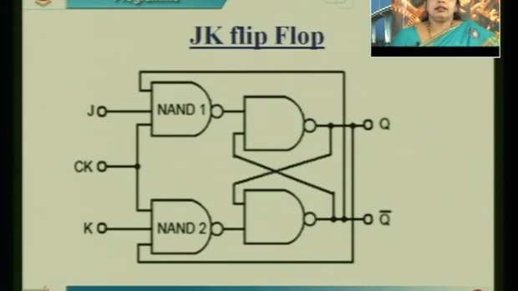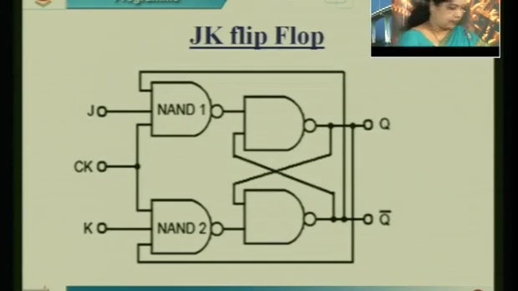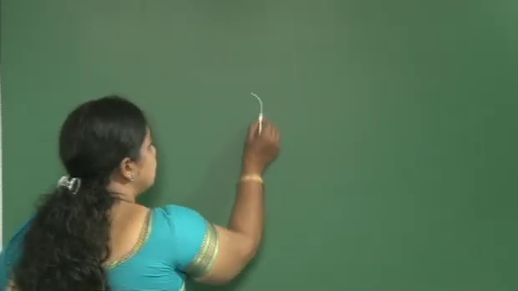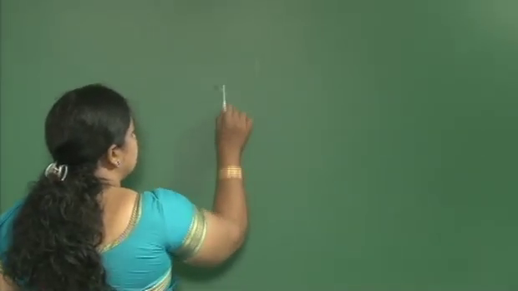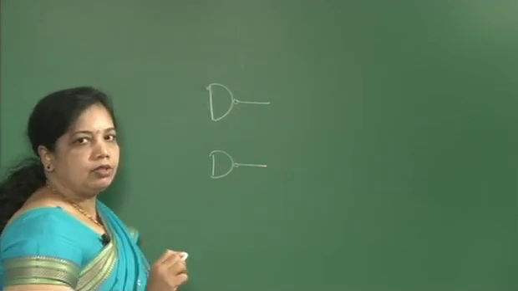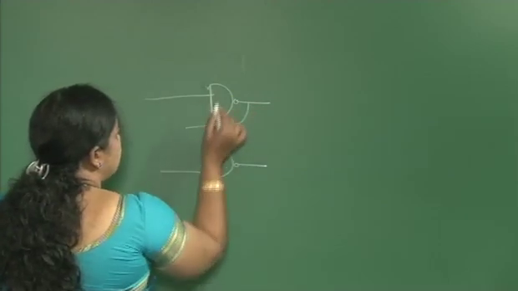So now let us discuss what is JK flip flop and how it is designed and how it operates. JK flip flop is a further extension of SR flip flop. As usual, it operates as SR flip flop, as we discussed in the previous session.